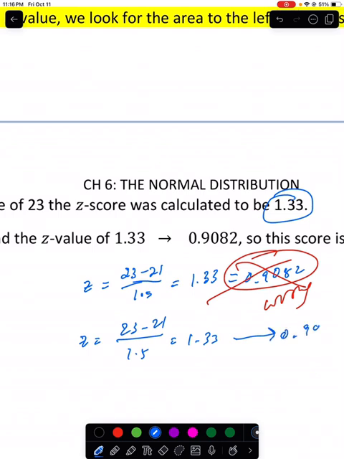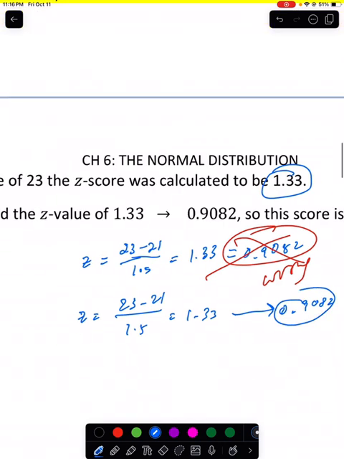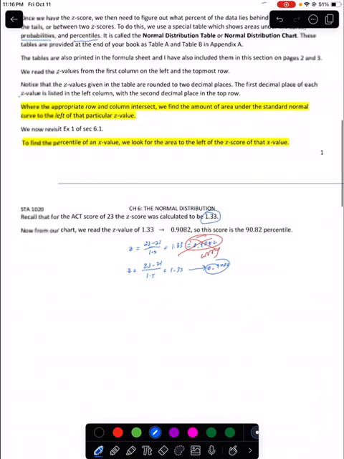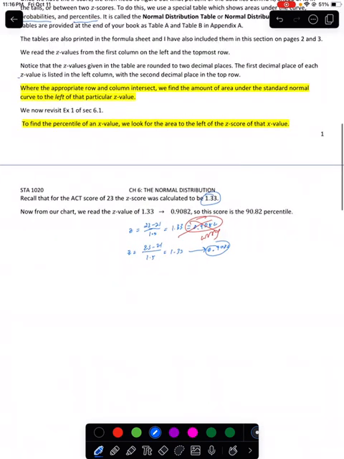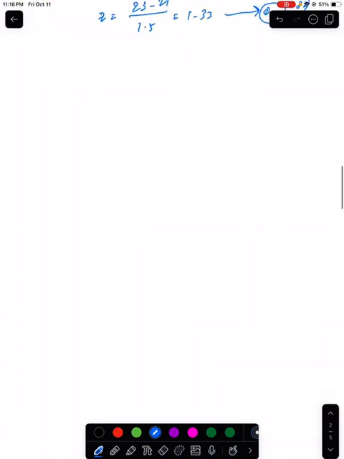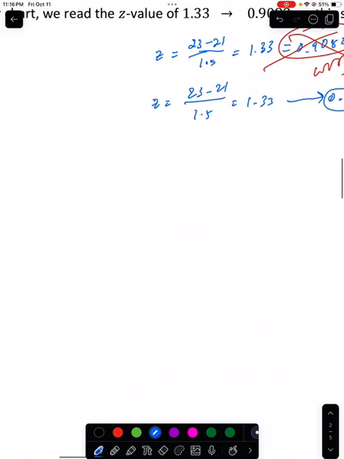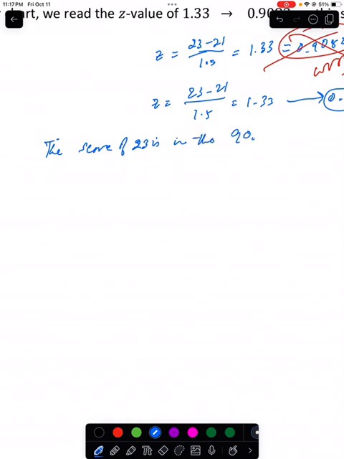So now, answering the question or writing the answer in the form of the question, we can say that the score of 23 is in the 90.82 percentile.